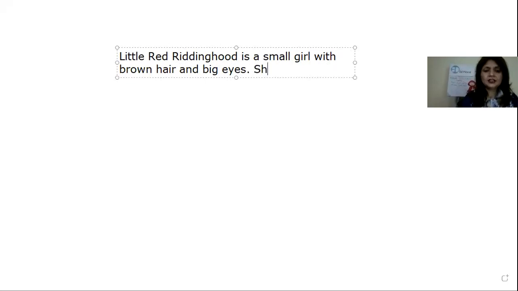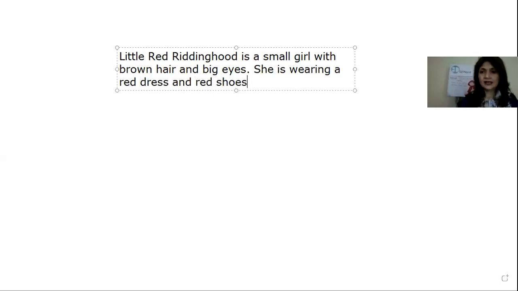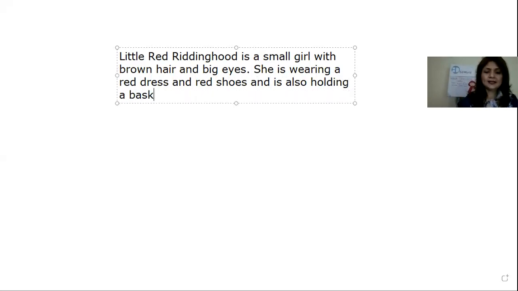Now then, she is wearing a red dress and red shoes. That's it. She's wearing a red dress and red shoes and is also holding a basket of food in her hand.